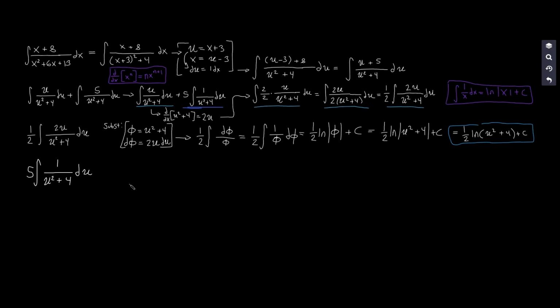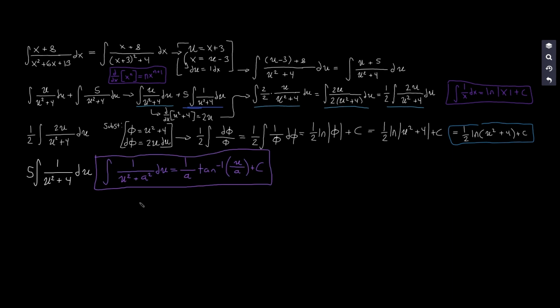This might be trigonometric. So the formula will go like this: if we have the indefinite integral of 1 over u squared plus a squared, integration with respect to u, that equals 1 over a times arctangent of u over a plus c.